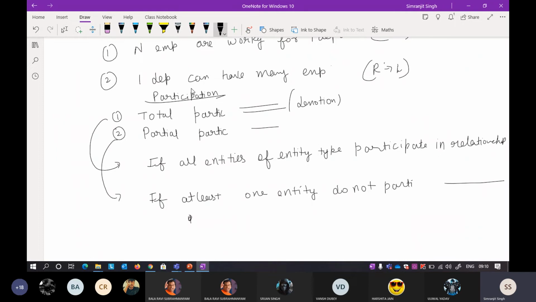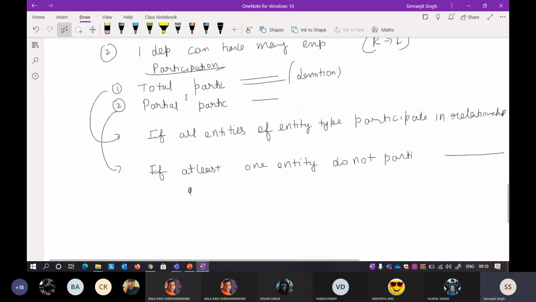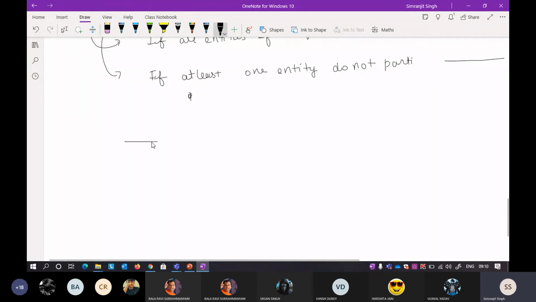If I draw the diagram again, every employee is working for some department. So there is a total participation from the employee side, because every employee is participating in the relationship works for.